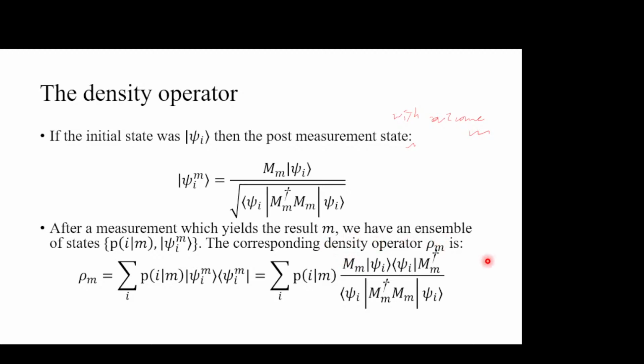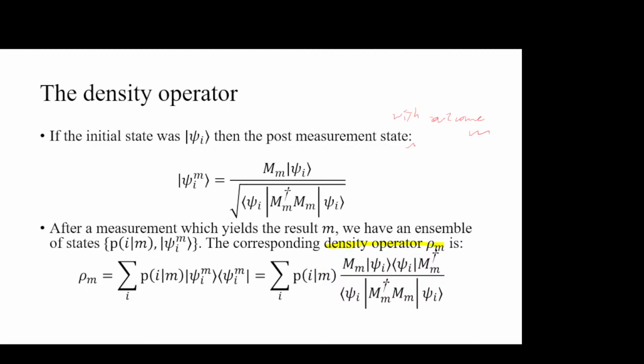So we will have a different post-measurement state with different probability. Now we want to see the density matrix after the measurement outcome, the post-measurement density operator, when you have outcome m.